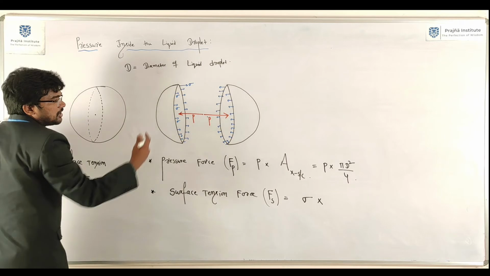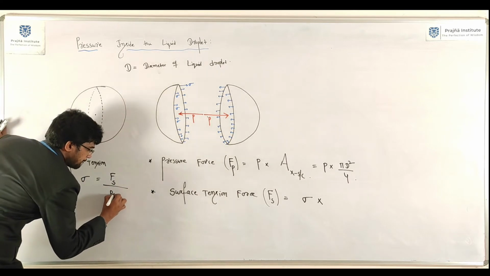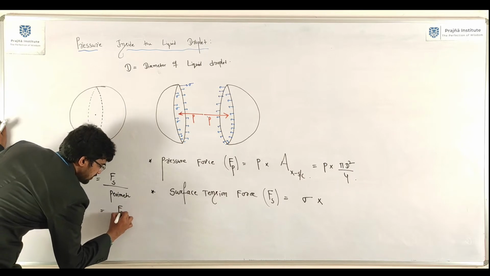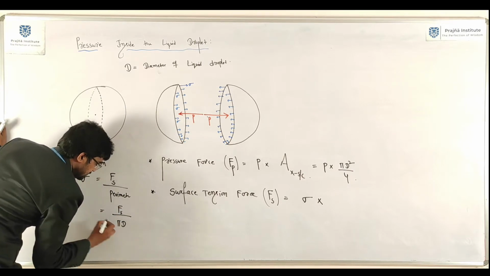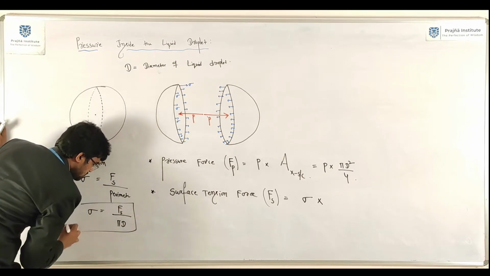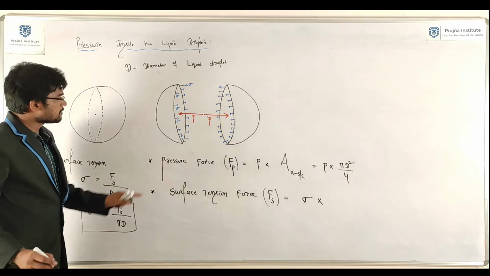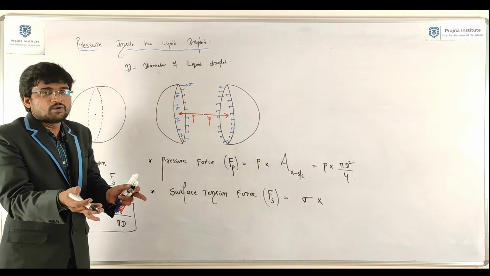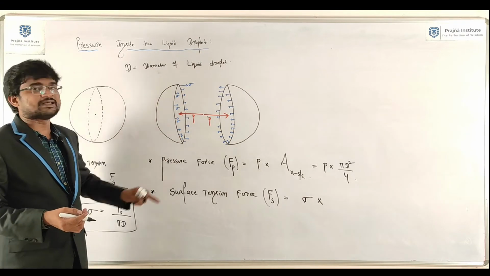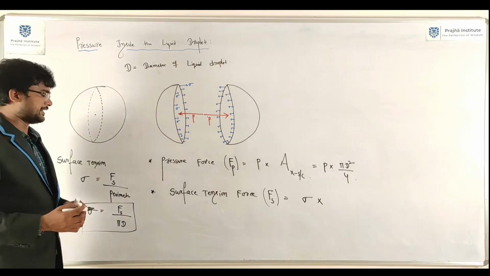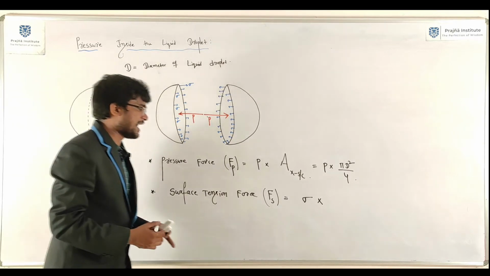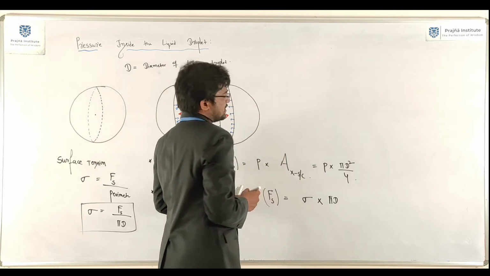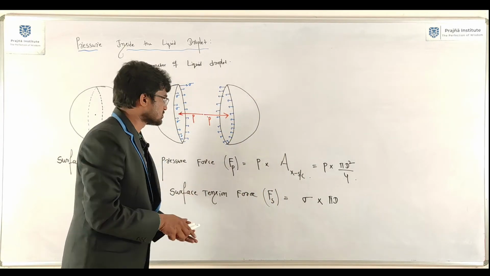What is the length here? Perimeter. So sigma equals Fs by pi into d. It is acting along the periphery, so total length you need to calculate. Just multiply sigma with perimeter, you will get surface tension force.